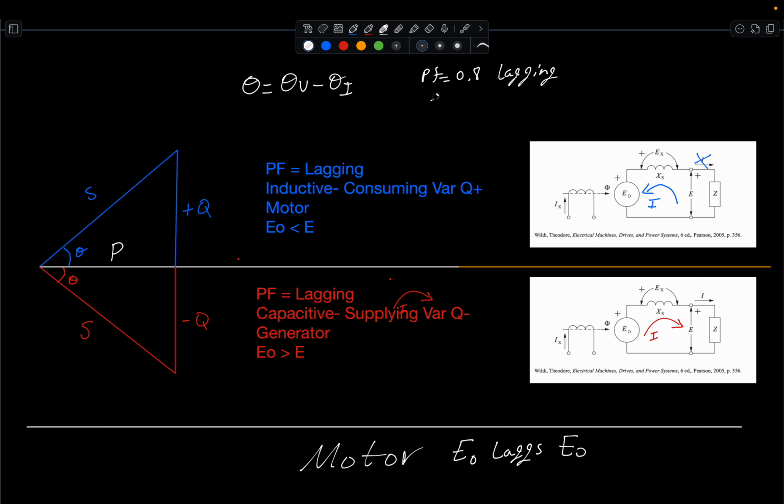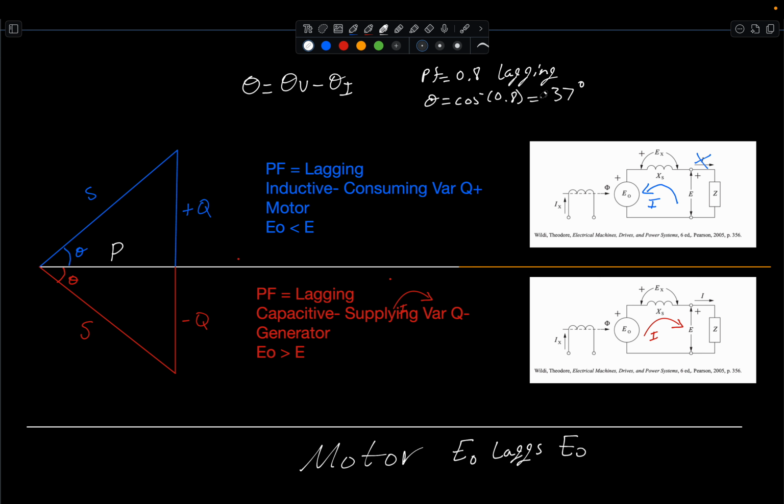It would be theta equals cosine inverse of the power factor, and we got 36.86, but for the purpose of this video I'm just going to round it up. So let's just say 37 degrees.